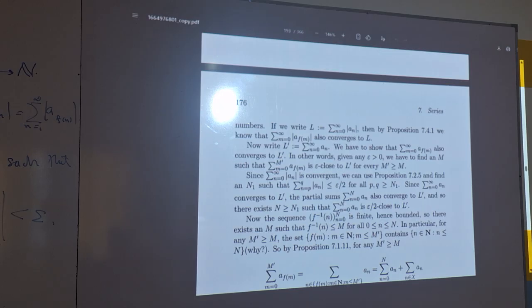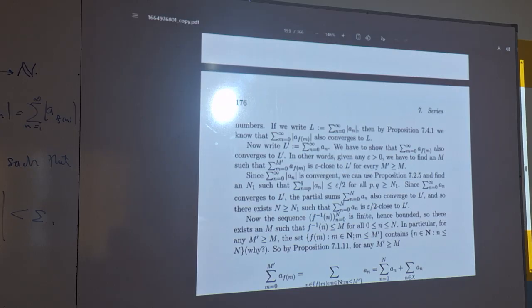You are saying let n belong to N be arbitrary, not n less than or equal to capital N. It should be like that, from the second set: n less than or equal to capital N. If n is less than or equal to capital N, then you are saying f inverse n is less than or equal to capital N, yes, less than or equal to m dash.